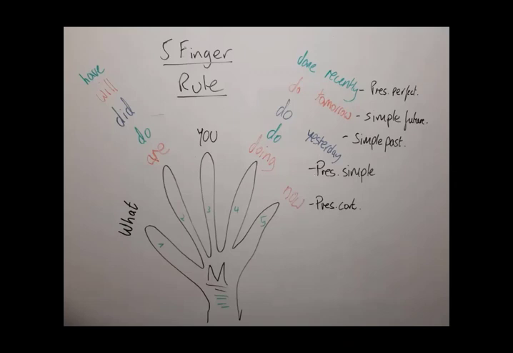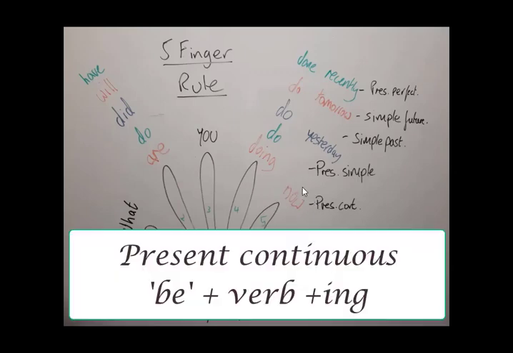In this diagram I tried to kill 2 birds with 1 stone. I put in how to ask the questions, and also of course looking at the different tenses. Let's get started with our first tense, which is the present continuous, or what I also call the now tense.